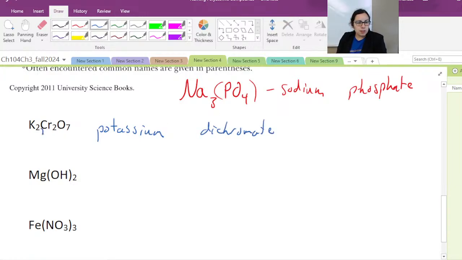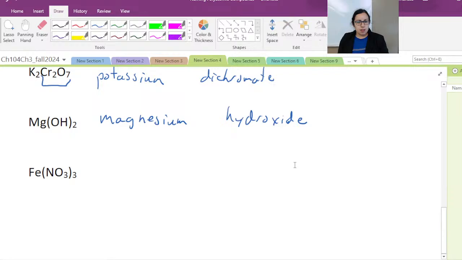Just recognizing the chromate, so that's good. What about this one? Yeah, Jennifer. Magnesium hydroxide. Excellent. And then what about this last one? Yeah, Braden?